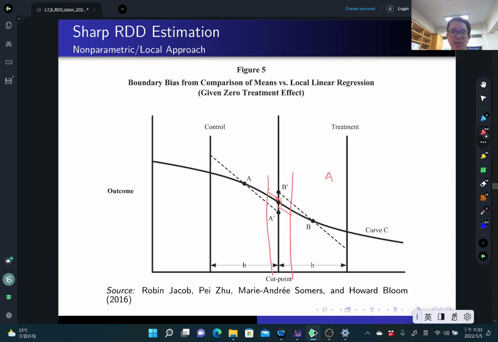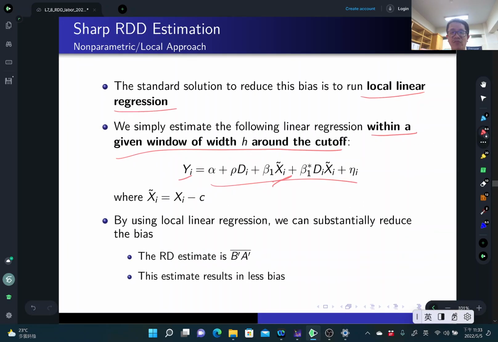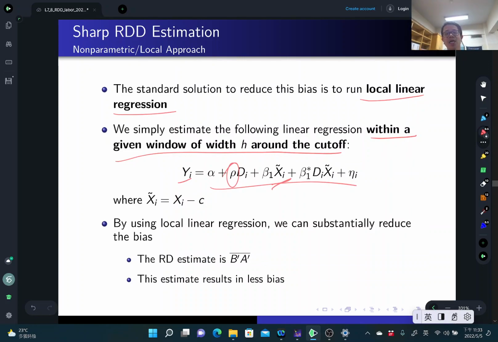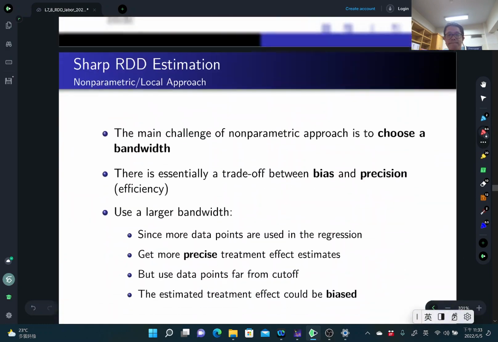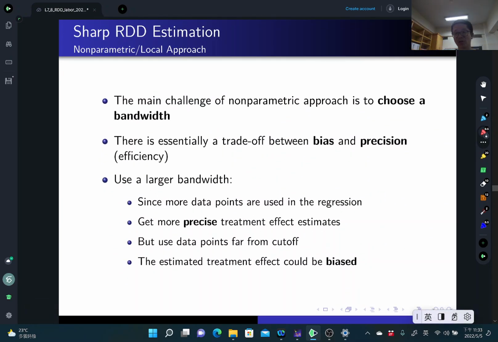No discontinuity at the cutoff. But again, if you use just the area around the cutoff, the sample size might be very small, so your estimate of the coefficient for the treatment variable, the discontinuity estimate, might be imprecise. So the main challenge of the non-parametric approach is choosing the bandwidth, and there is essentially a trade-off between bias and precision.